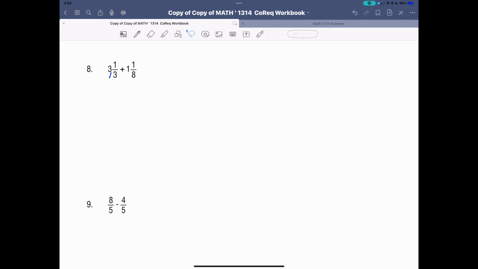3 times 3 is 9, and then add the 1. So I get 10 over 3. And then the second one, you're going to say 1 times 8 is 8 plus 1, I get 9 over 8. So then I'm going to add those together, and then I need my common denominator. My common denominator is 8 times 3, which is 24.